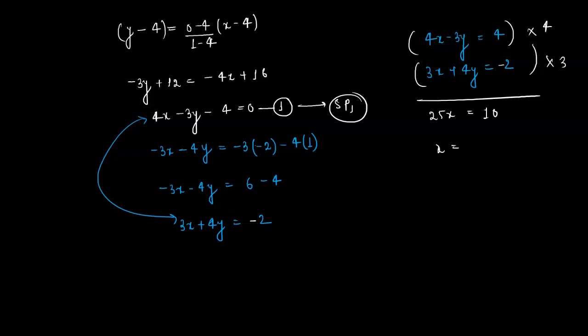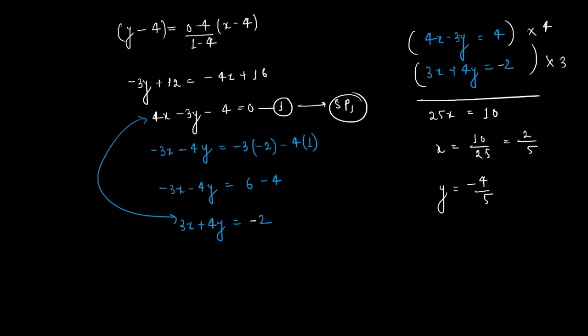Here x will be 10 by 25, or 2 by 5. Then you can calculate y by putting it in either of the two equations. So you will find the y value as minus 4 by 5.